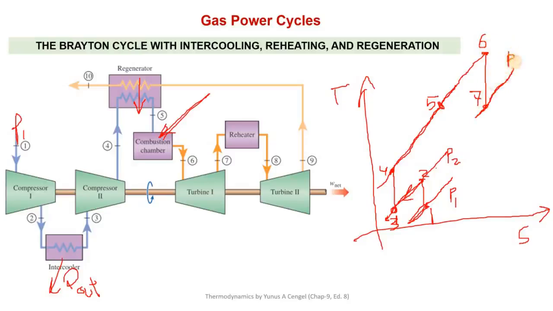For example, this is P7. Then at point 7 it enters into the reheater, where heat is supplied to this gas at constant pressure. So from point 7 till point 8 it will be a constant pressure heating.